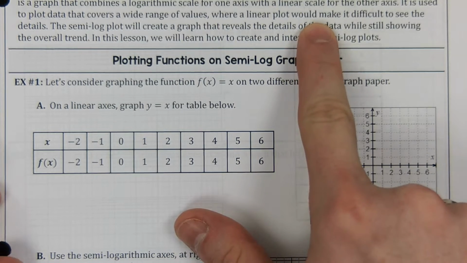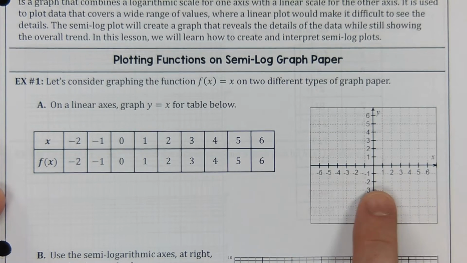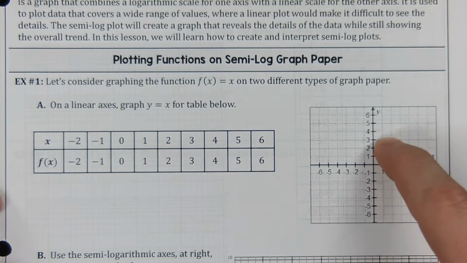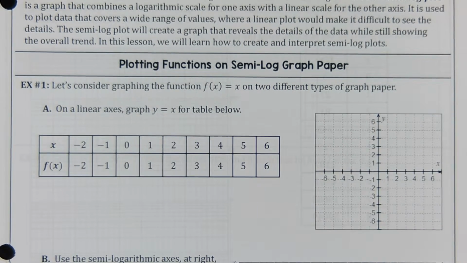But linear things don't always show us very good detail. For example, if you try to graph exponential growth, first of all, there's nothing down here. And second of all, let's just use a nice small base, like 2 to the x. 2 to the 1 is 2, 2 to the 2 is 4, 2 to the 3 is already off the chart. And that was with a nice small base of 2.